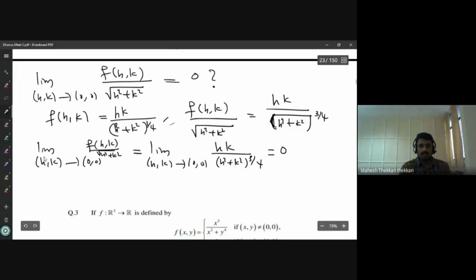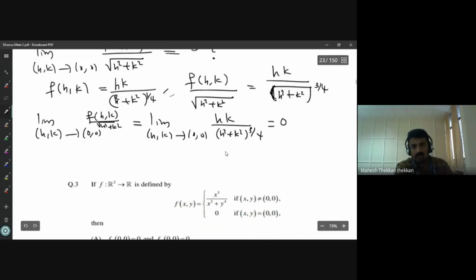Why? If you want to do it more precisely, you can use the polar coordinates. Again, you substitute h equal to r cos theta, k equal to r sin theta. Then in the numerator, you will get r square cos theta sin theta. In the denominator, what will you get?